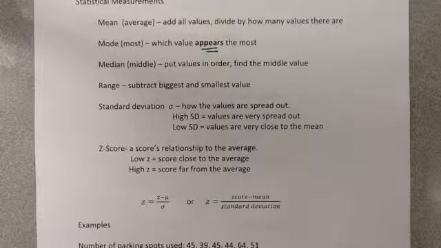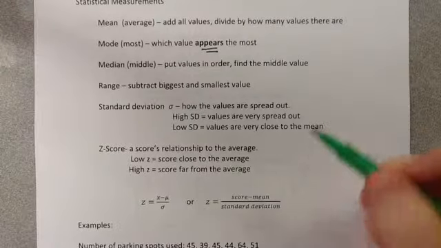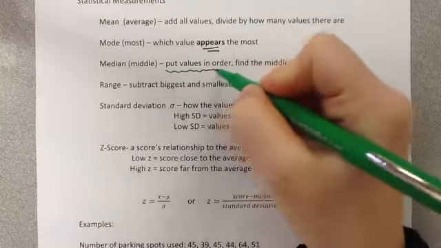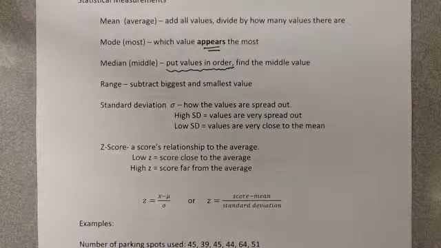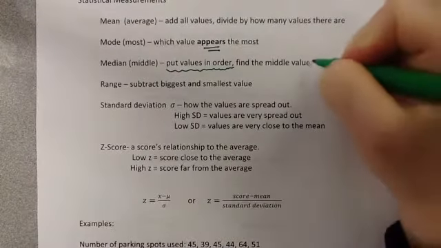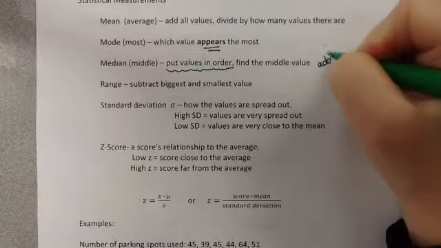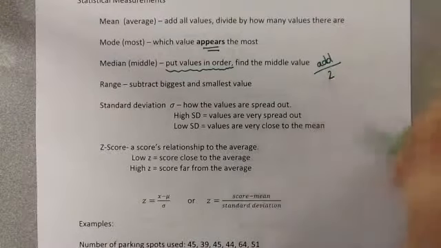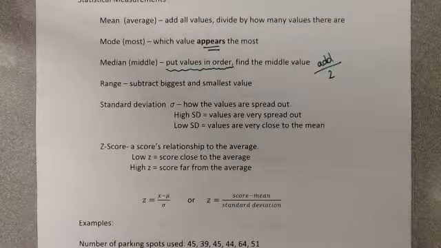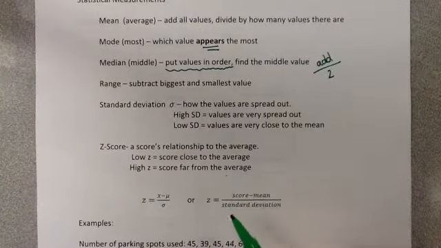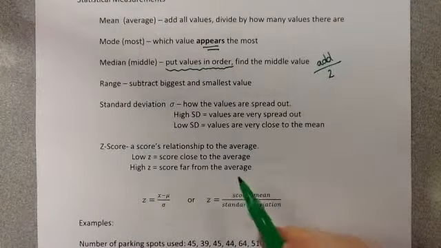It is the one that appears the most. Median is the middle value, but you must list them in order first. If you get down to the middle and there are two of them in the middle, add, divide by 2. The range is the biggest minus the smallest.